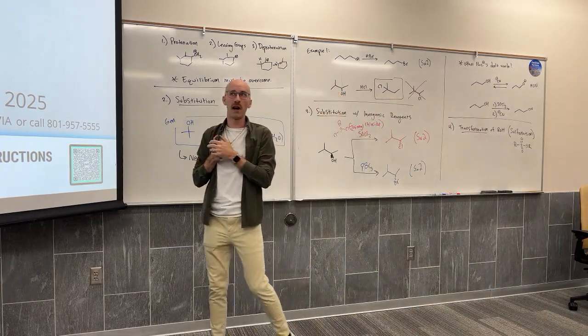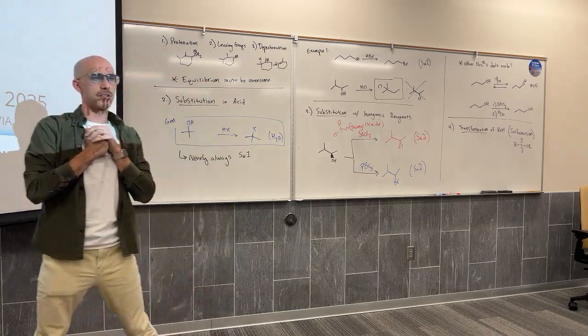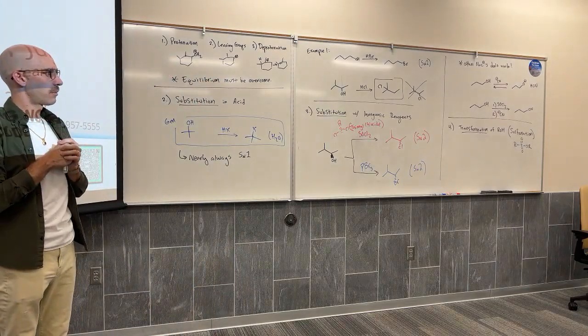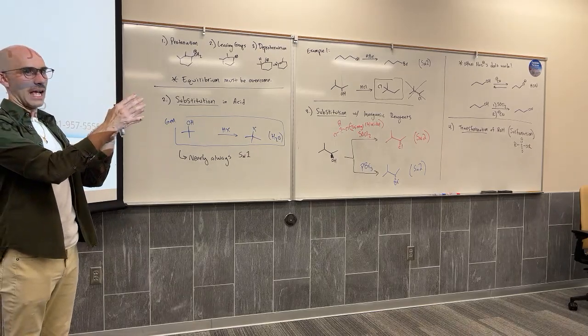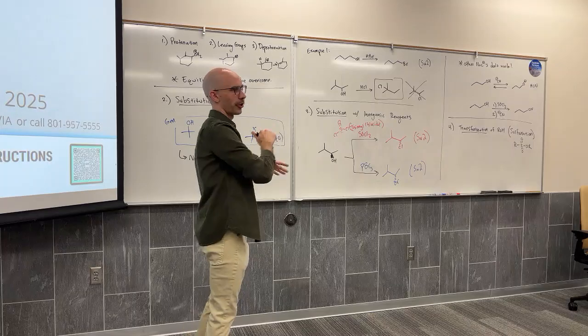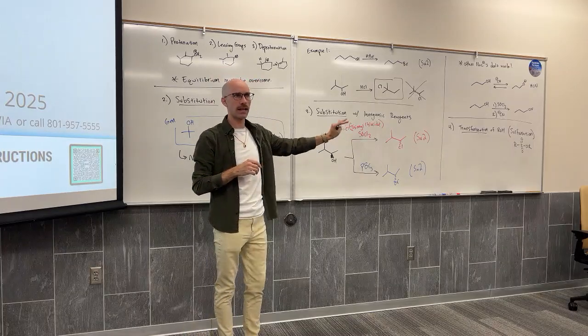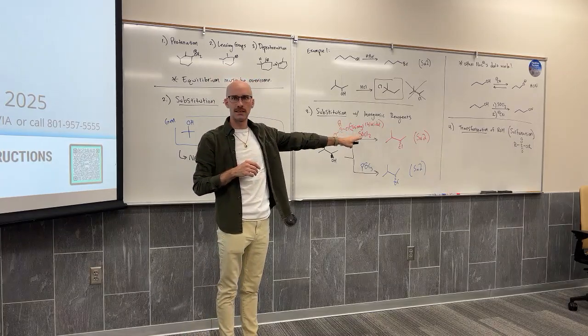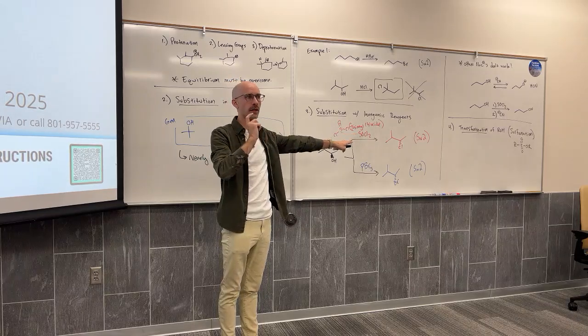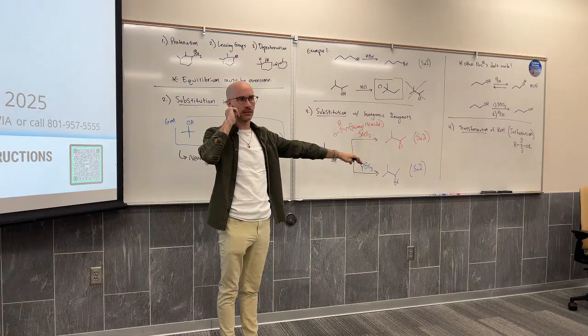A sulfonyl group or a sulfonate group can have a few different forms, but it's usually this R-SO3R group. It looks a little bit like sulfuric acid, H2SO4, except that there's a carbon-sulfur bond.